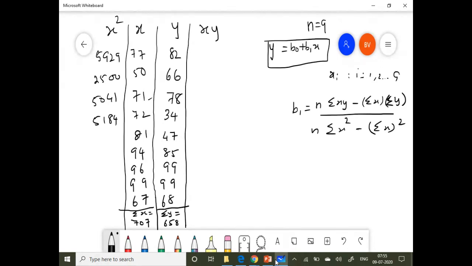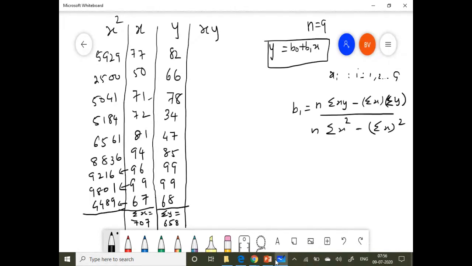Use your calculator to find it. 81 square, 6561. 94 square, 8836. 96 square, 9216. 99 square, 9801. 67 square, 4489.